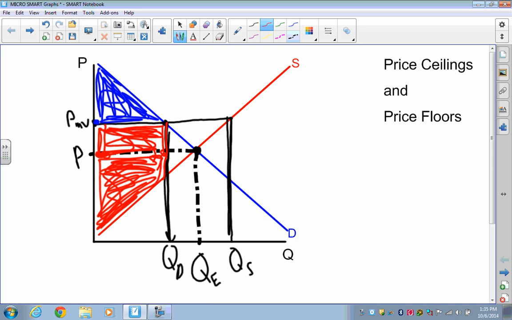It's bigger, okay? They lost this area right here, but they gained this whole area, which is a large increase. However, what else has happened? Right, if you guys look at this little area right here, who gets this area? No one does, and that is our what? Dead weight loss. Easy enough?